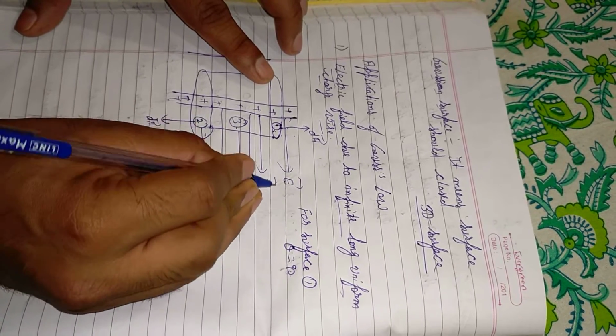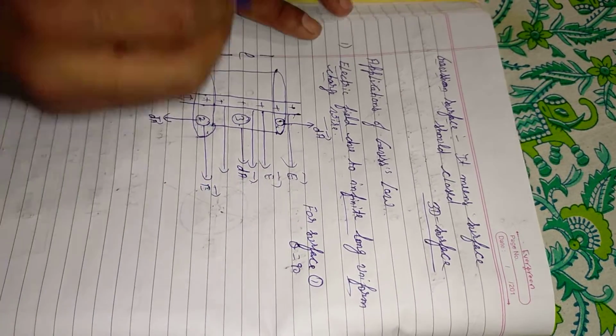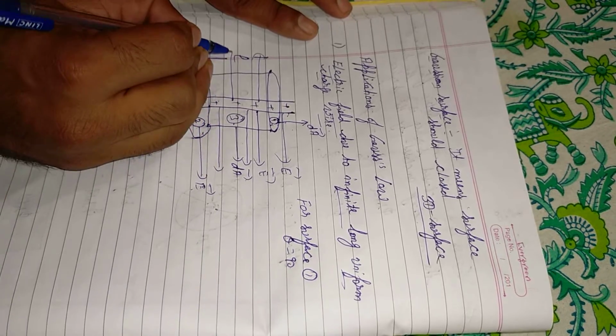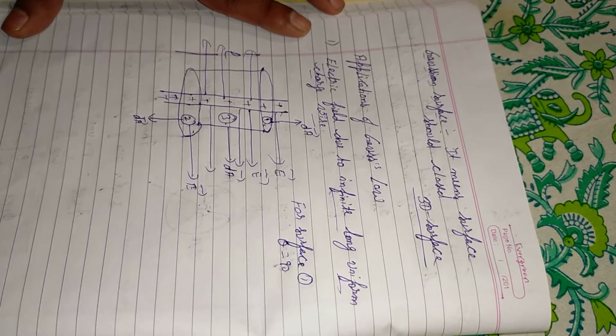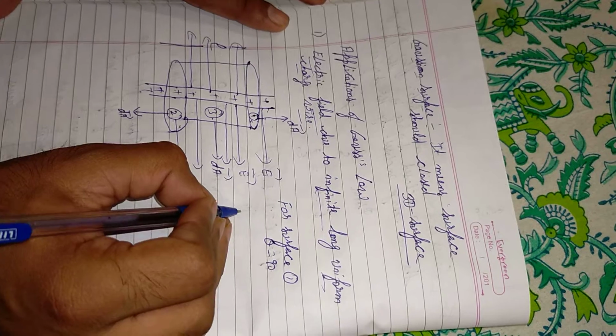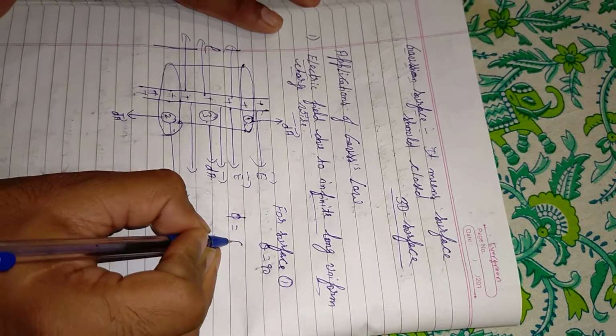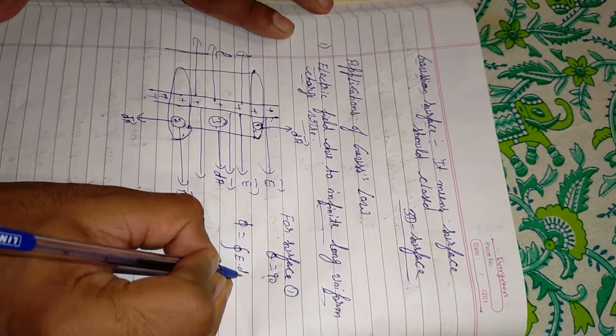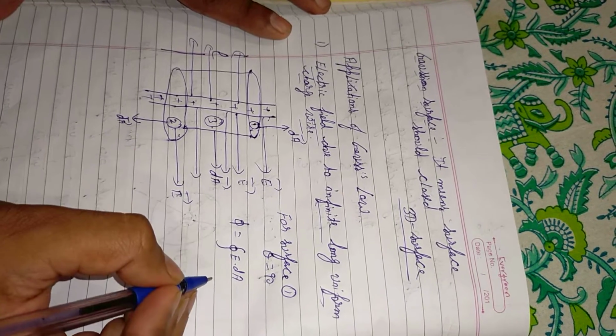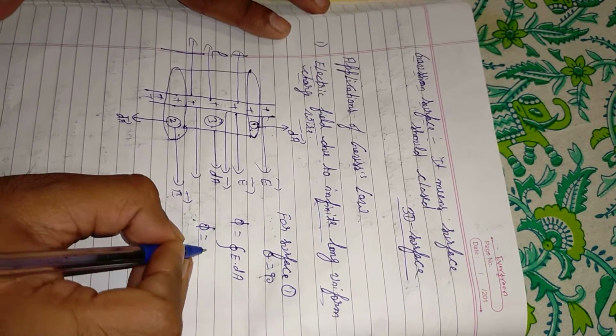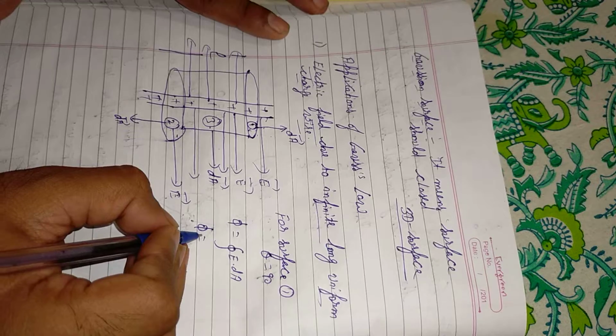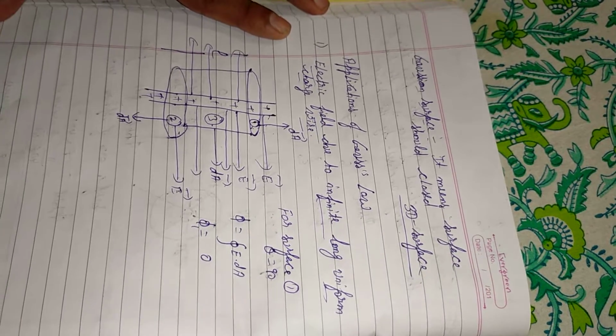These are the electric field lines, moving away. So for the first surface, phi equals E dot dA, which gives E dA cos 90, and cos 90 is 0. So the electric flux for surface 1 is 0.